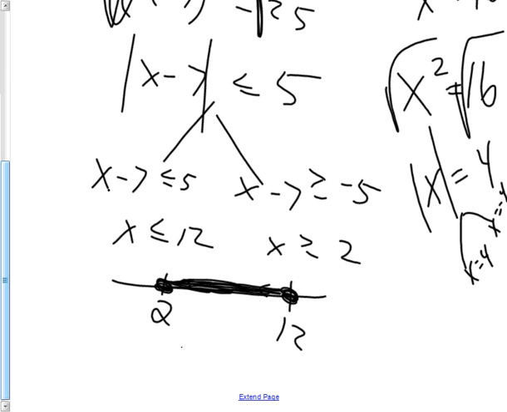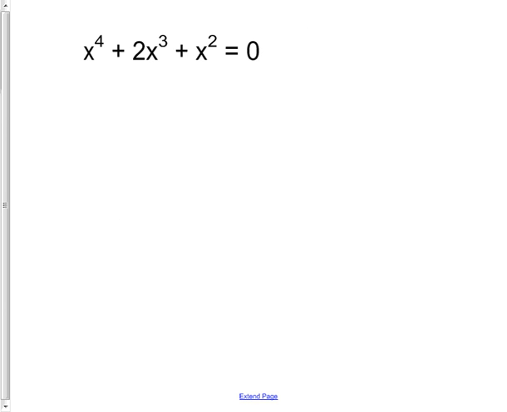And now my final answer is 2 to 12 in brackets, and I was kind of risking it there because maybe it works here too. So I should really check a number like 13. Maybe it works here too. I should really check a number like 1 or 0 and make sure it doesn't work there. All right. Raise your hand if you had the same thing as me, 2 to 12. All right. When you get that kind. Next kind. Factor this one.